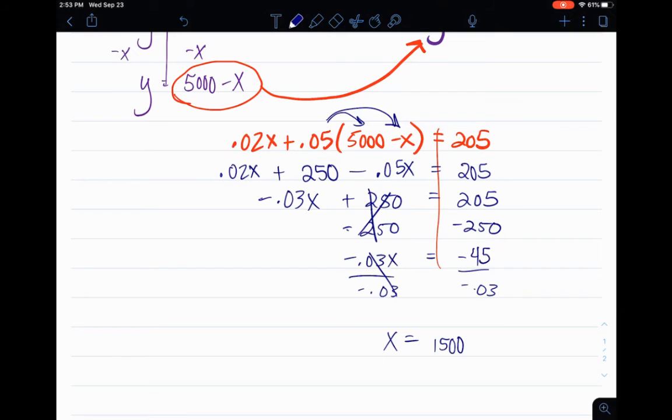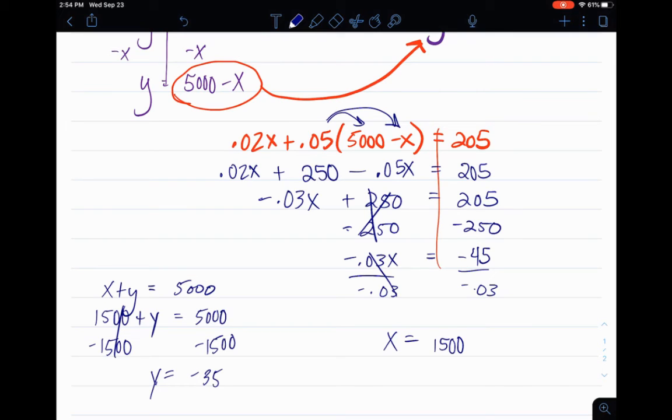Okay, so I have my x value. Once I get one of the variables, I'm going to plug it into one of my original equations to get the other variable. So the x plus y equals 5,000. To me, that's the easier one to plug something into. So we'll subtract 1,500 from each side. And we get y equals 3,500.